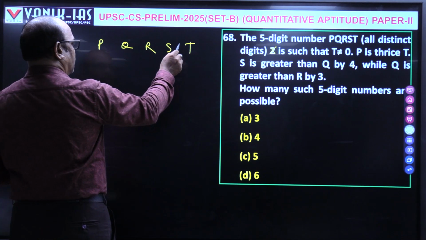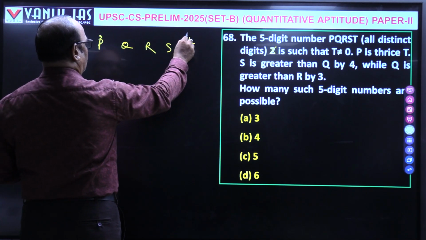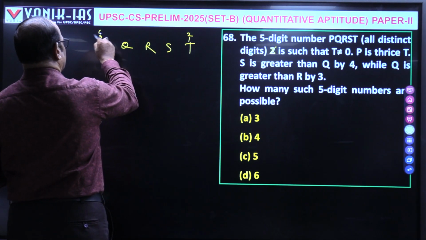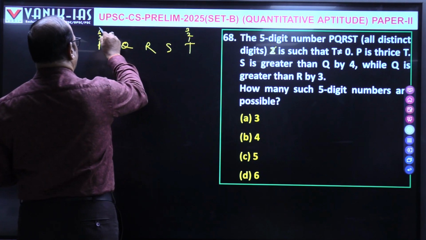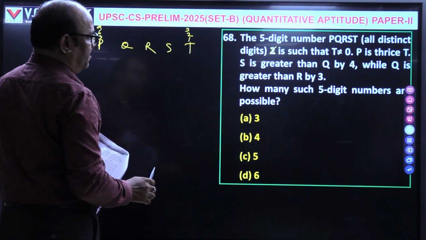That means if T is 1, P will be 3; if T is 2, P will be 6; if T is 3, P will be 9. So 3 possibilities are there for P and T values.